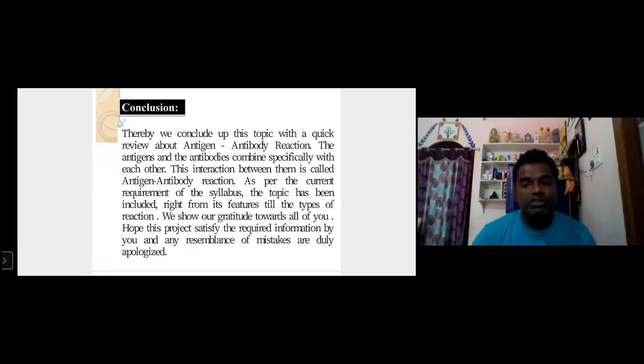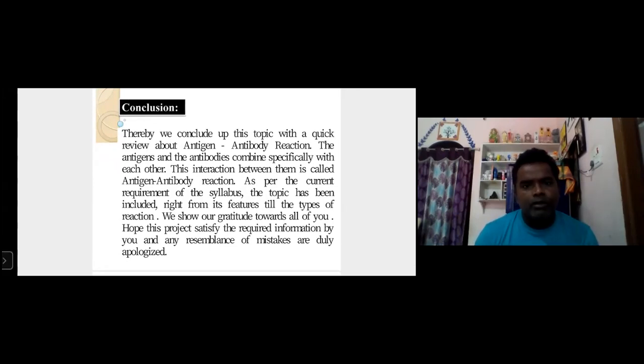What are the conclusions of antigen-antibody reactions? We conclude the topic with a quick review. Antigen and antibodies combine specifically with each other, and this interaction between them is called an antigen-antibody reaction. Simply, soluble antibodies bind soluble antigens to form insoluble antigen-antibody complexes.